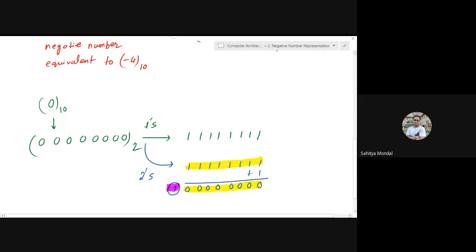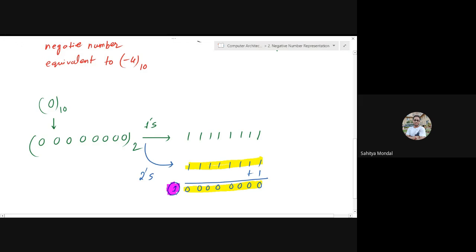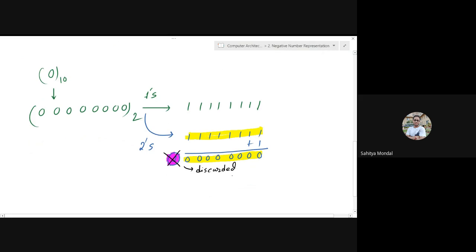That is in the 9th bit. So if you remember the 2's complement addition, the carry is always discarded. So what we actually get is the equivalent of -0 in decimal, and in 1's complement, this is the equivalent -0, and this is in 2's complement.